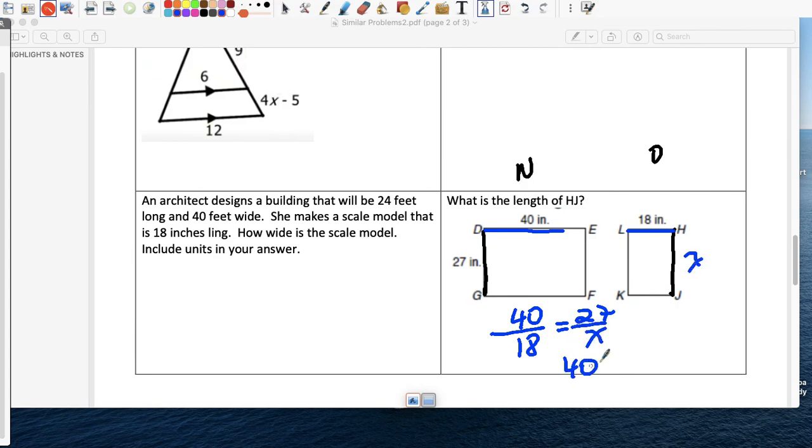Cross multiply: 40x equals 18 times 27, which is 486. Divide both sides by 40, x equals 12.15.